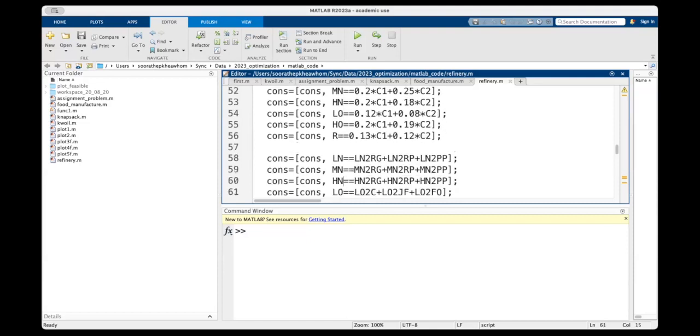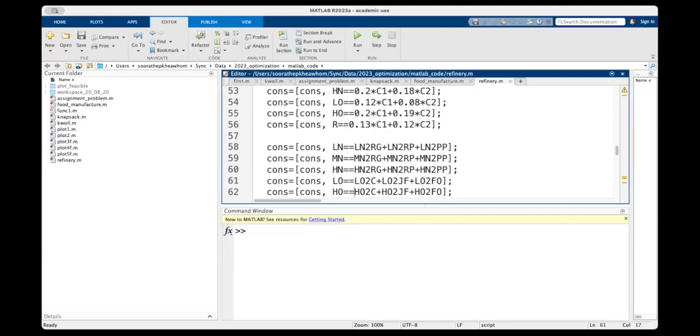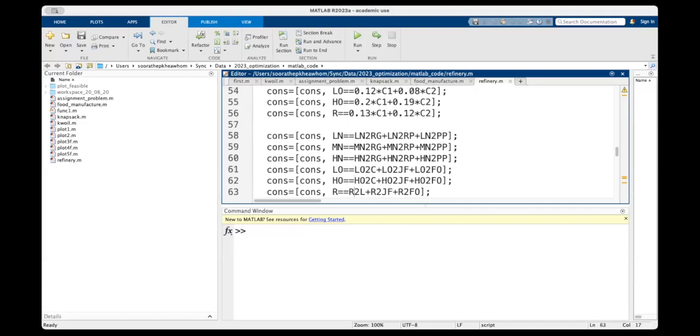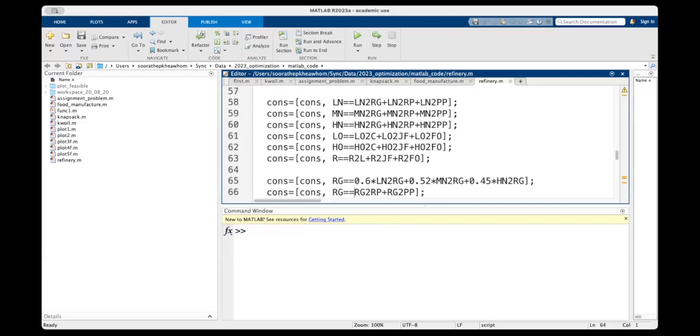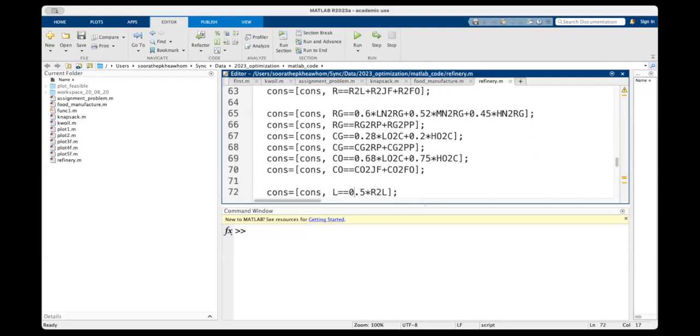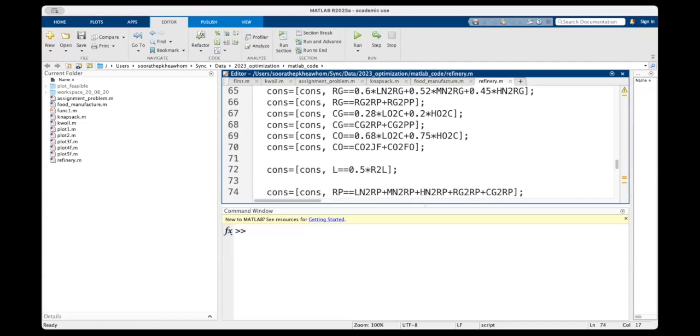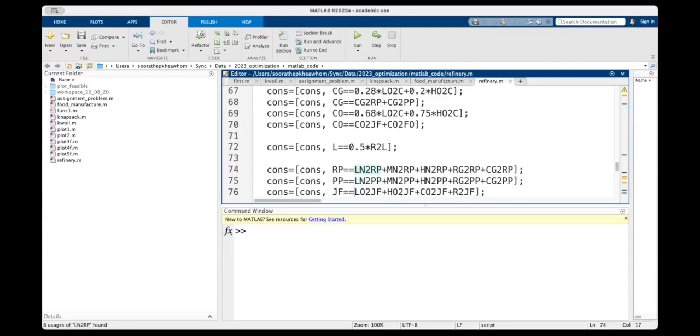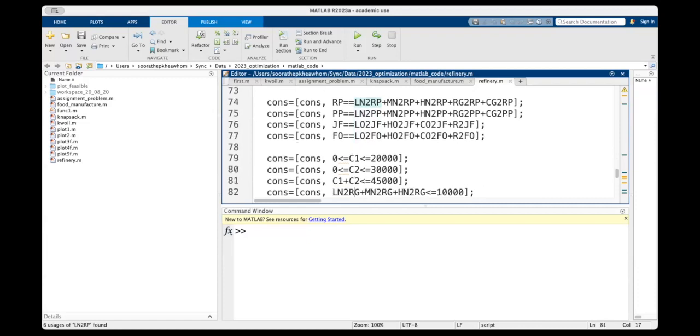Okay, and then the Ln is the summation of this, Mn is the summation of that. LO, heavy oil, residue, and we follow, maybe the order is different, but you see that it's the same. Later I will give you this file. Okay, and C1 must be less than 20,000.